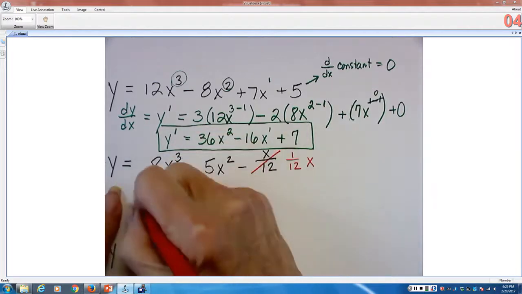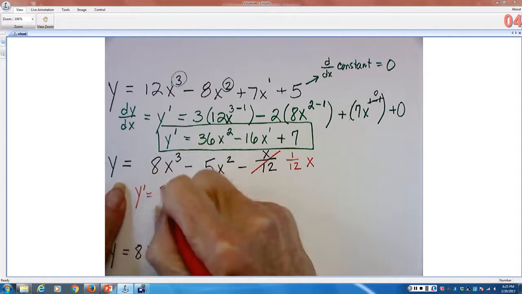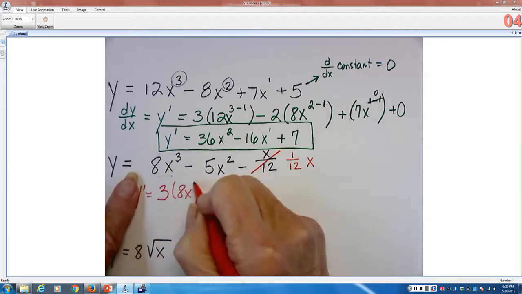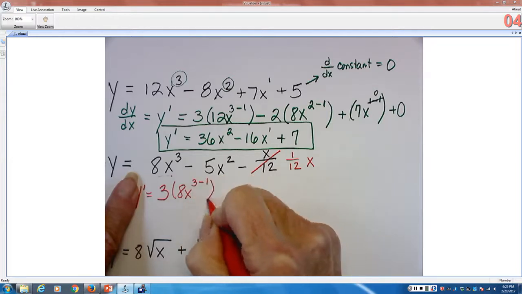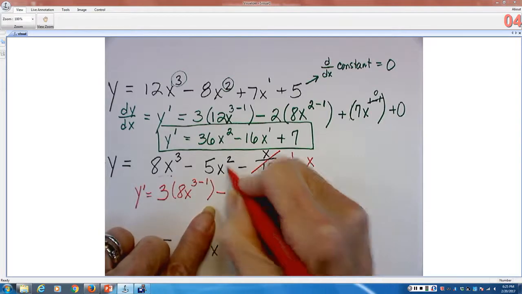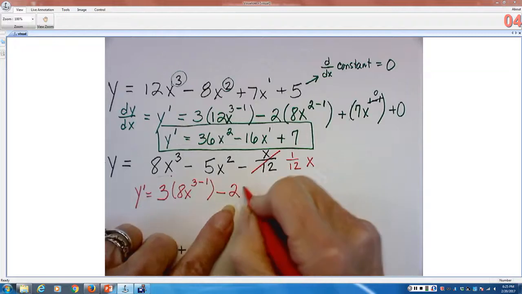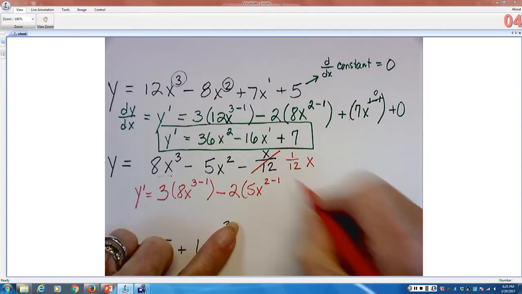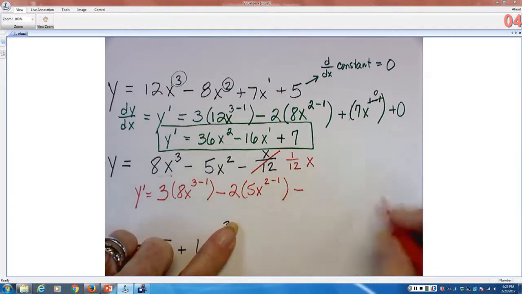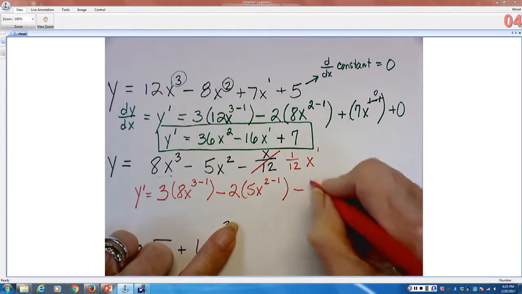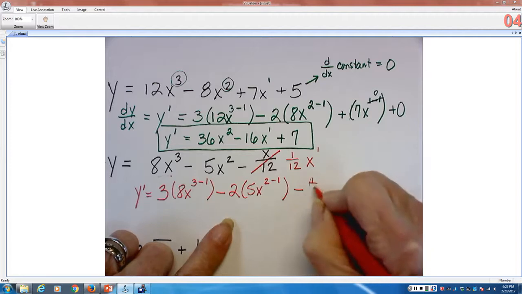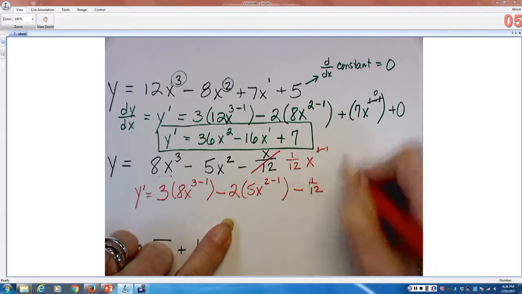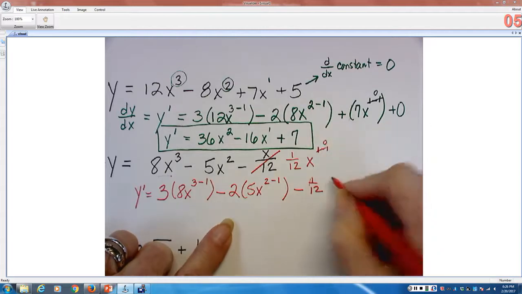We take the 3, so y prime is 3 times the 8x, and then subtract 1 from the power, minus, bring the power down in front, and we have 2 times 5x to the 2 minus 1 power, minus, the power here is actually a 1, so it doesn't change anything, and we've got 1/12, but since we subtract 1 minus 1, that's going to become x to the 0, and there again, that's just 1.